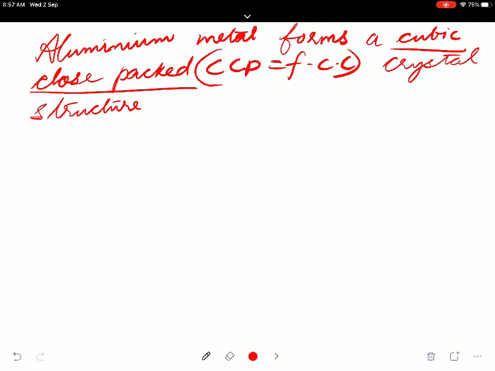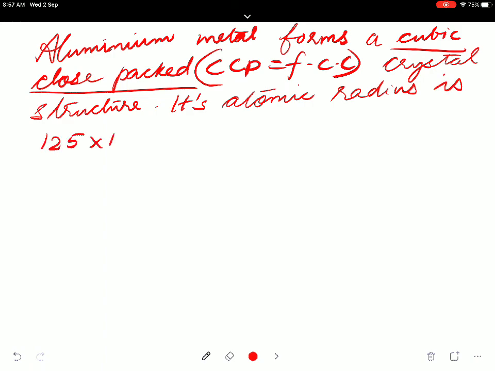Its atomic radius is 125 into 10 to the power minus 12 meter. There will not be any change in its atomic radius. It is fixed.